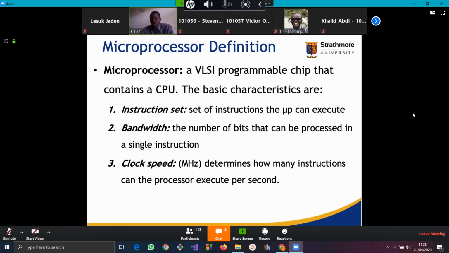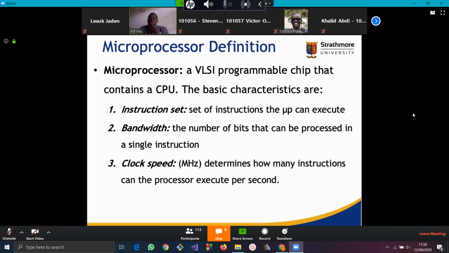If you have another program running on C, then the instruction set will be C. So the instruction set is just the language that the microprocessor understands. Okay, so in layman's language, that is what an instruction set is.